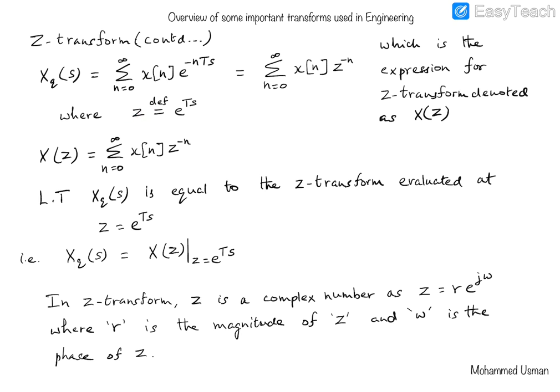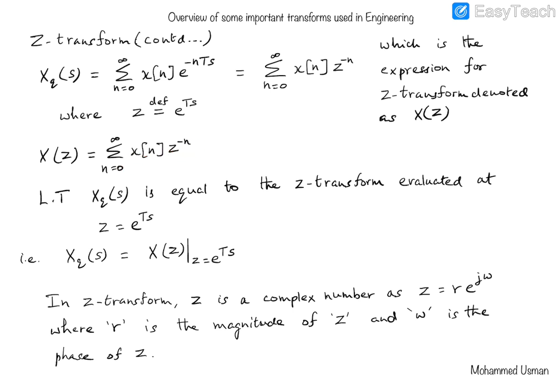When we define z as e power Ts, we end up getting the expression for the Z-transform, which in this case is the one-sided, or unilateral, Z-transform denoted as x of z. So x of z is this summation of x of n z power minus n.